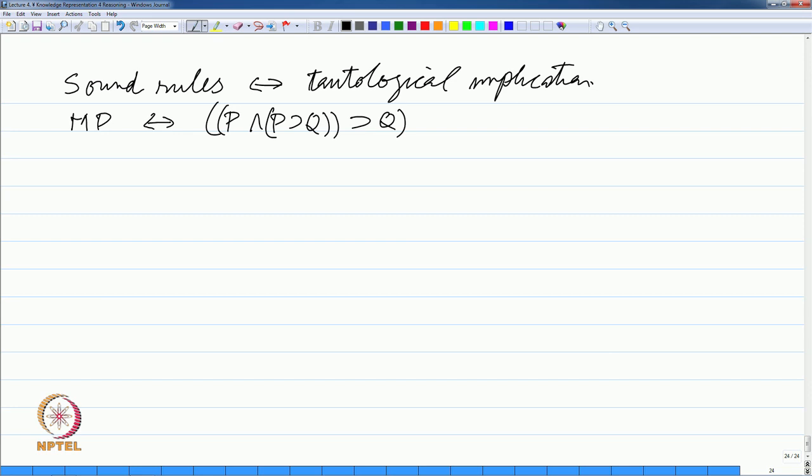So, let us see whether it is a tautology or not. There are a couple of ways of trying to show that it is a tautology. One way is to try to show that it is not a tautology, which means to try to make it false. Now, if you want to make this formula false, you know that if you look at the truth table for implication, you will have to make this true and you will have to make this false essentially. So, if you want to make this true, then you will have to make this true and this second part also true.